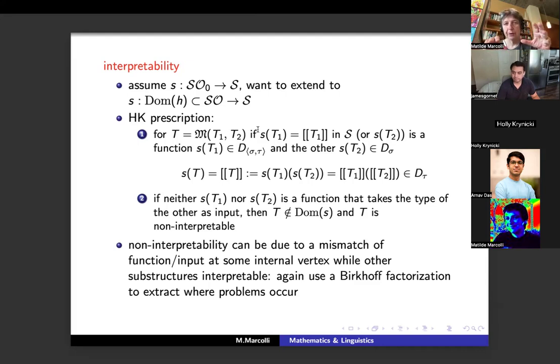This is symmetric because it can be either one of them that is a function of the other.